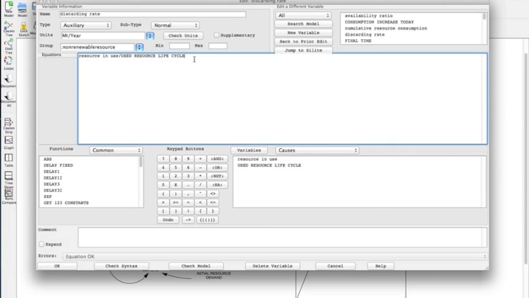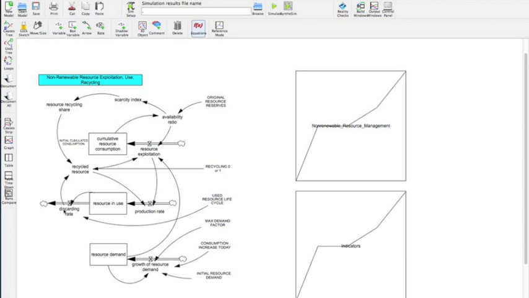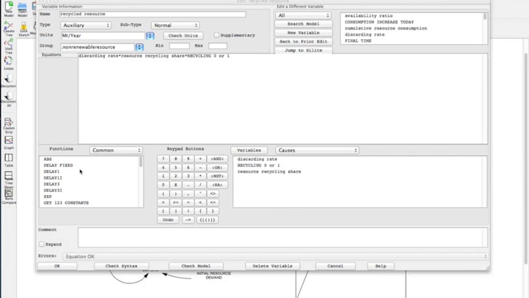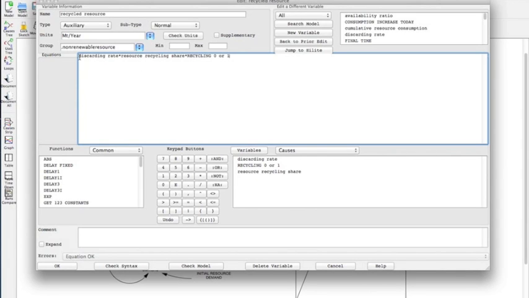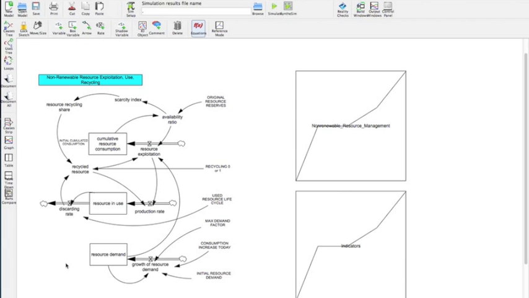So if you take the resource that you're using as a whole and you divide it by that life cycle, this gives you an idea of the rate at which you discard these products. Now, a fraction of this discarding rate gets recycled. Okay, so if you go back, like we did before, to the recycled resource, the discarding rate is there. So not all of this product is completely discarded. Some of it is recycled.